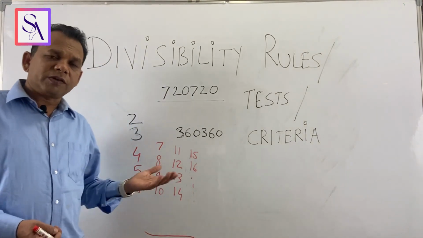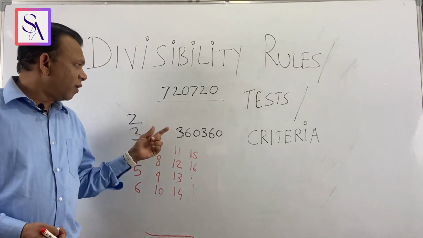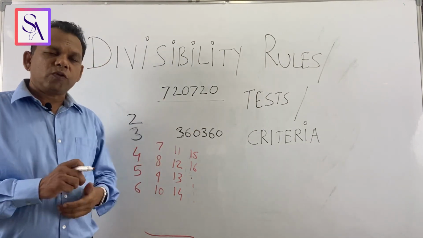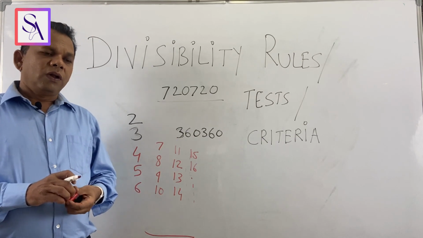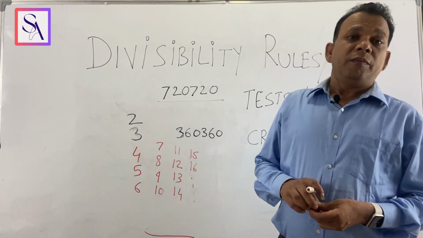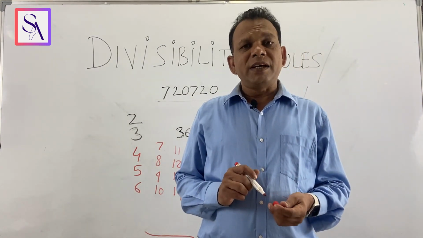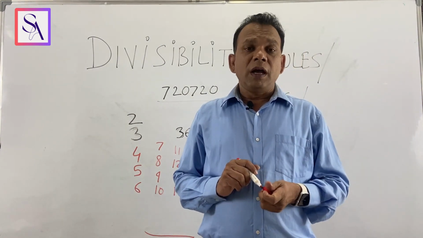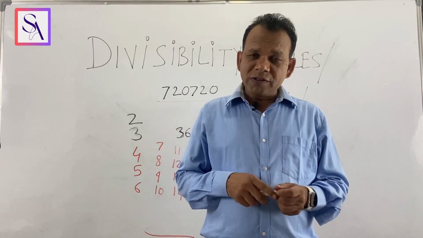So these are the numbers which will exactly divide this number 720. How did I get the answer so quickly? Because I know divisibility rules. You want to know those rules?